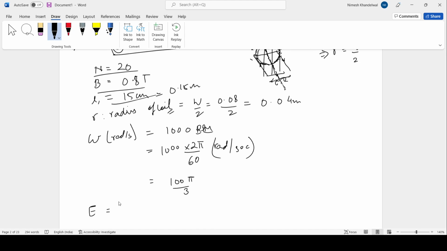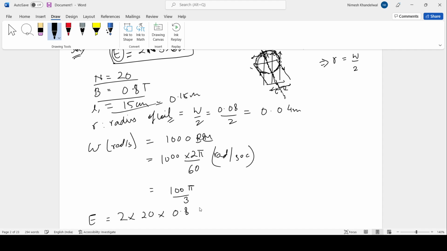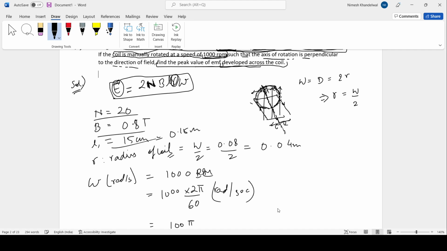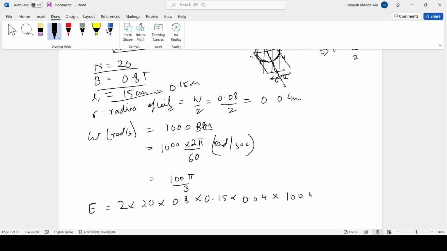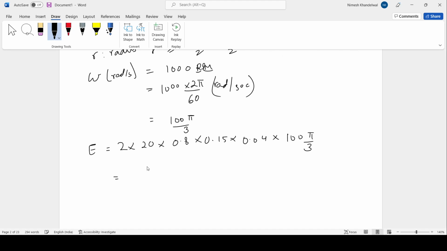So E is 2 times 20 times 0.8 and then 0.15 cross 0.04 and then omega. Omega is my 100 pi by 3. If you do the complete calculation, I'll leave it up to you to verify.